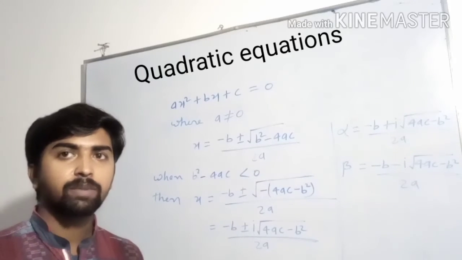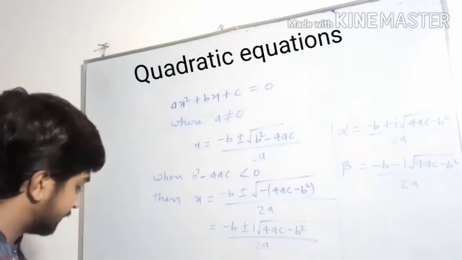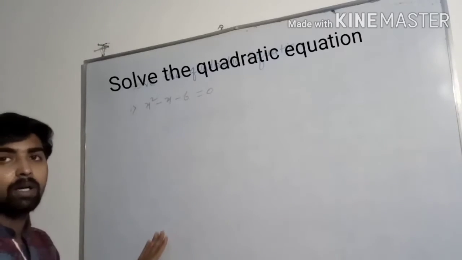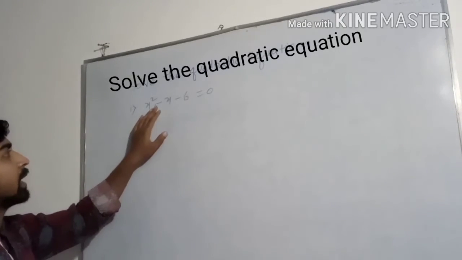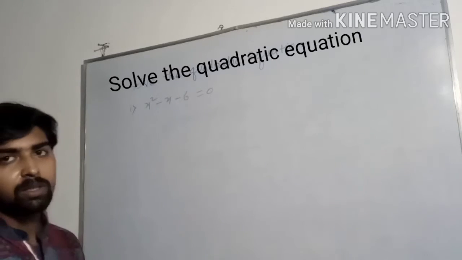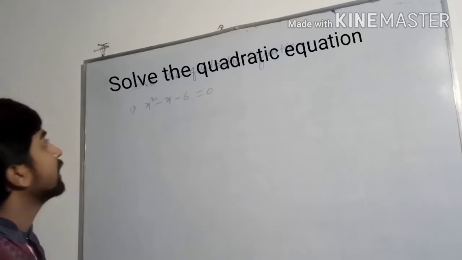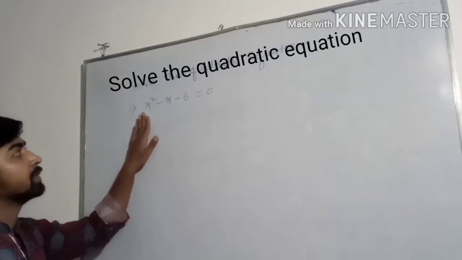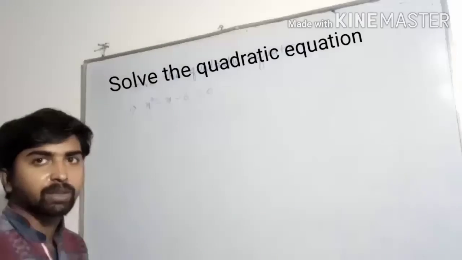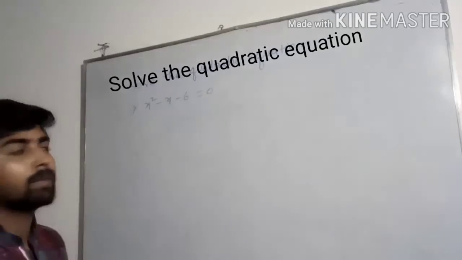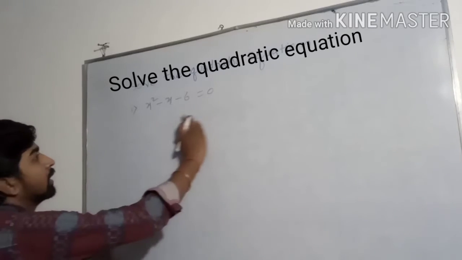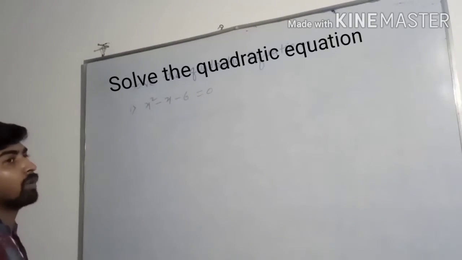Now let us solve some problems. We have a quadratic equation x² - x - 6 = 0. Now we have to find the values of x, that is, the roots of this quadratic equation. Students, here let us find the coefficients.